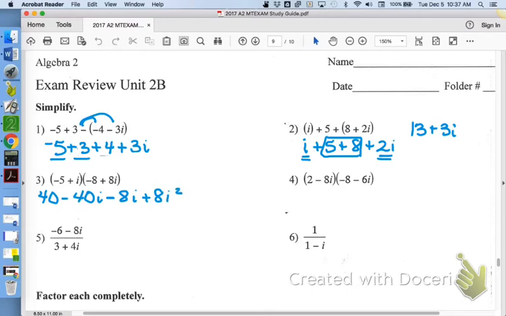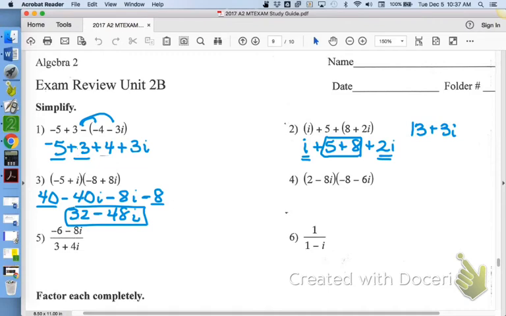Now, some of you left i squared in your answer. Don't do it. Don't ever do it. Change that i squared to a negative 1. So really all it does is it changes your positive 8 to a negative 8, and now you can subtract 40 and 8, and you're going to get 32. And then you're going to combine your i's, you're going to have minus 48i, and that's your answer.